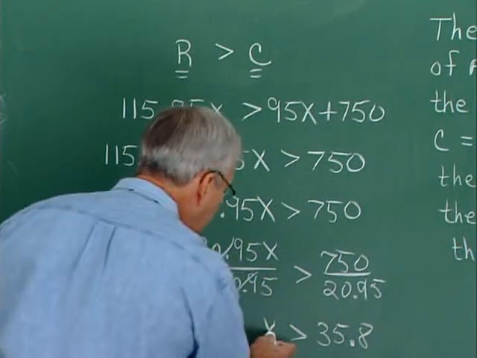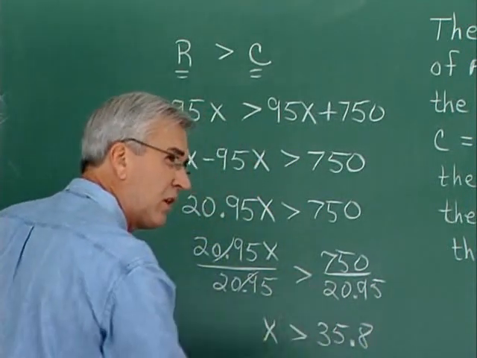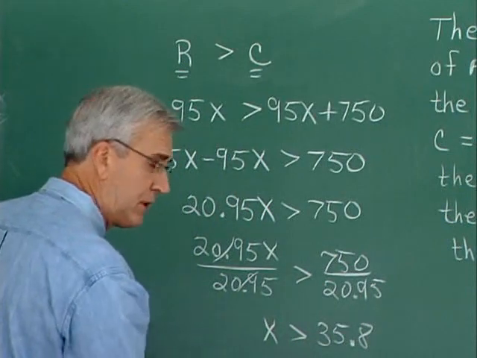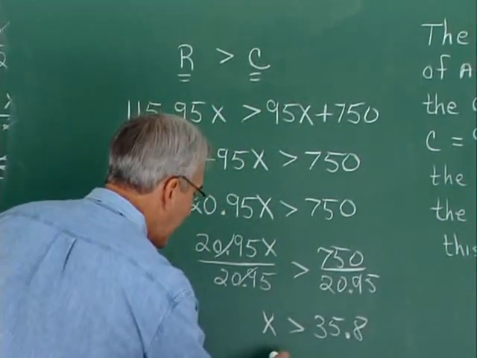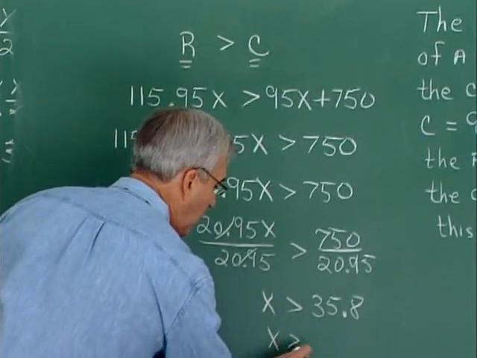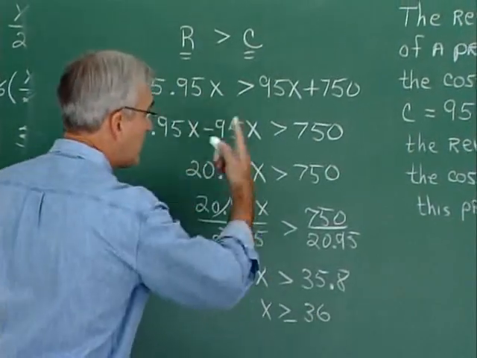For units greater than 35.8, we generally talk about whole numbers of units when we're talking about production, so it would be 36. So x needs to be greater than, or it could be equal to, 36 units in order to return a profit.